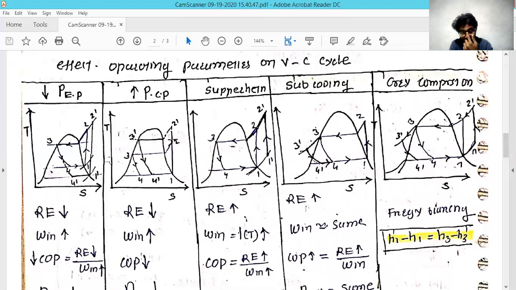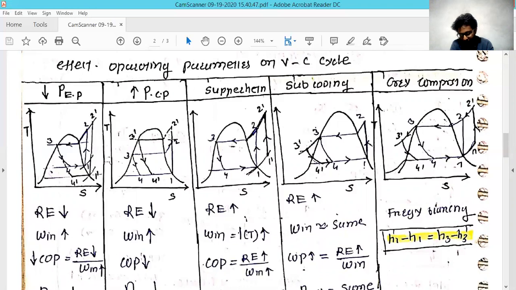But now we are extending that line to a certain extent to absorb more heat, and it will reach the superheated stage, which is nothing but previously the input to the compressor was saturated vapor, but now we are extending that line to the superheated state.